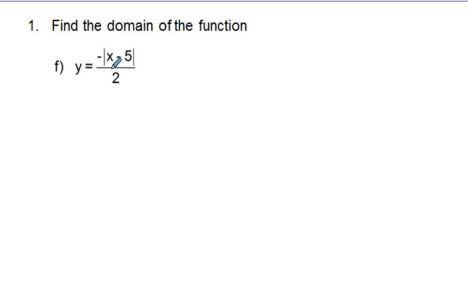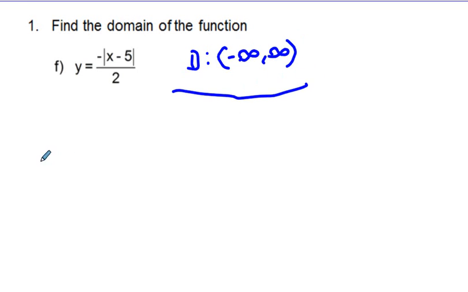So even though this function could initially look quite complex, we should be able to see that it's permissible to put in any real number value for x and still make this a valid part of the function. So in this instance, our domain is going to be all real numbers. Okay?